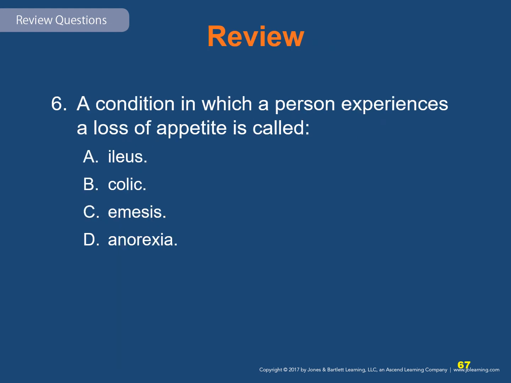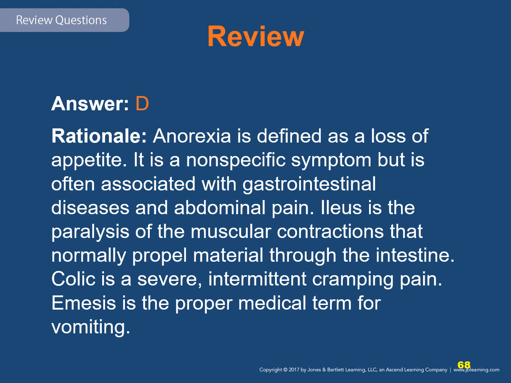Number 6, a condition in which a person experiences a loss of appetite is called A, ileus, B, colic, C, emesis, or D, anorexia. The correct answer is D. Anorexia is defined as a loss of appetite.